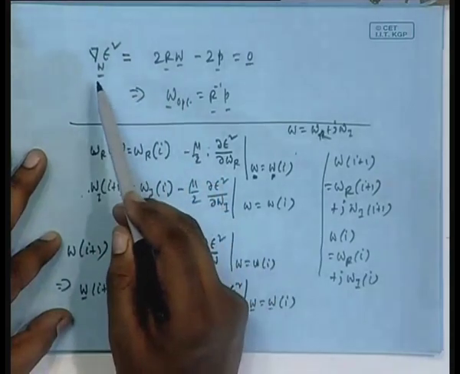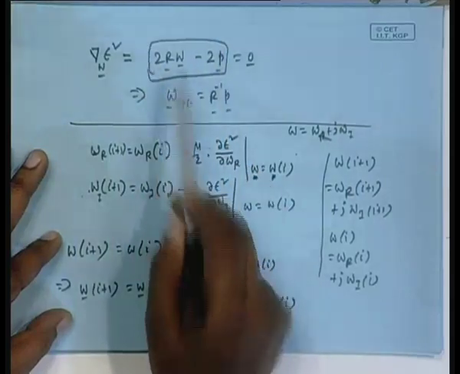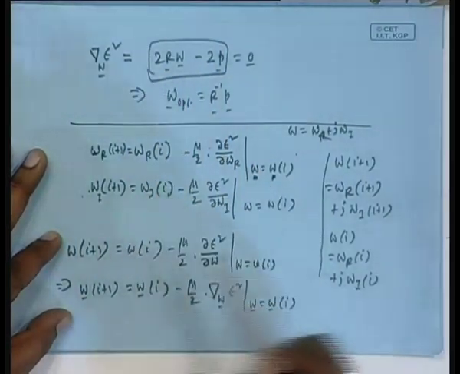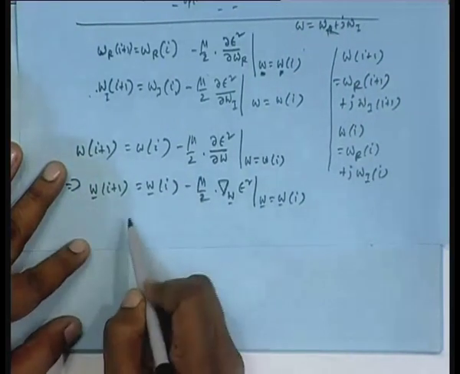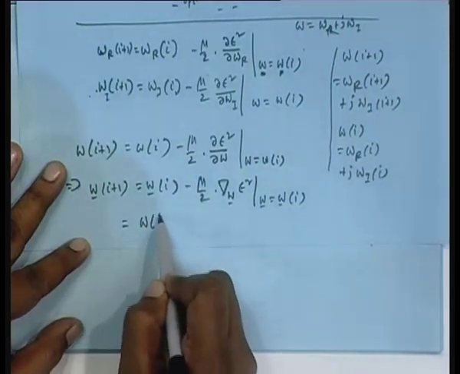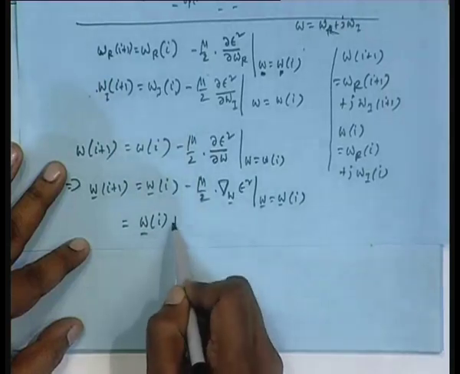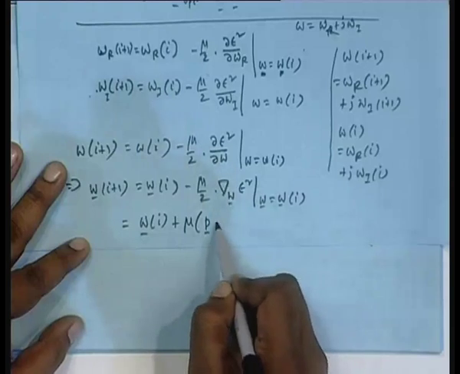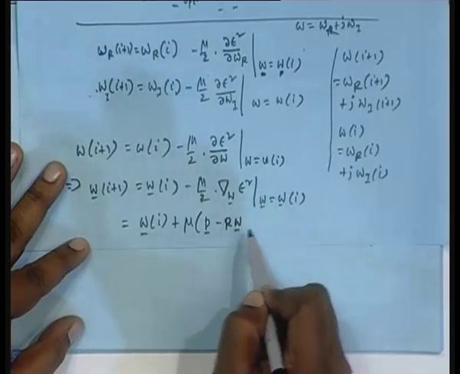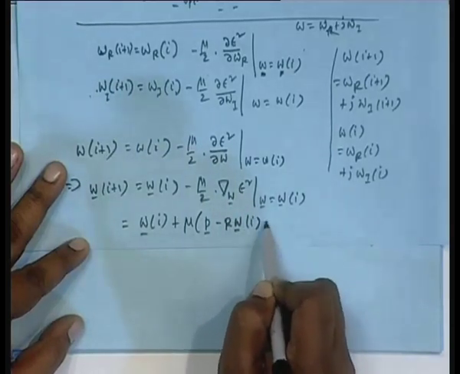This is the gradient. You put that back, 2 cancels. So what you get is simply mu into p minus r Wi.